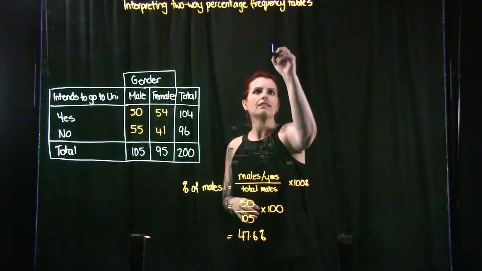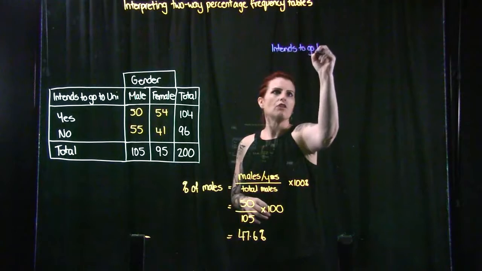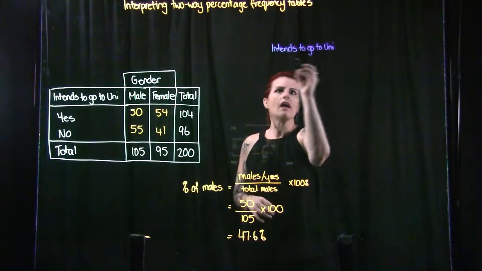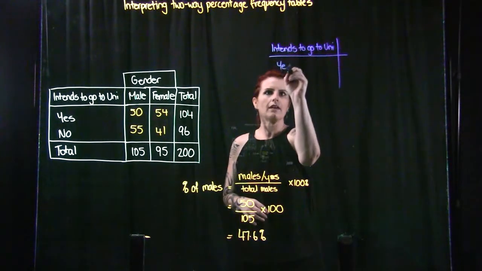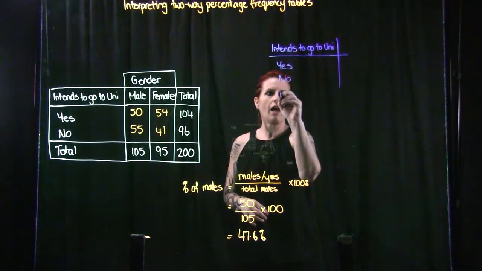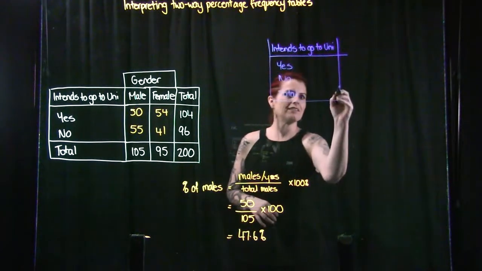So again, I start with intends to go to uni, and that would be yes, no. And we'll have totals here because that's how we're going to make sure we've done it right.